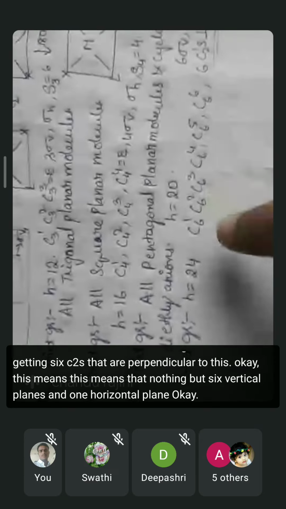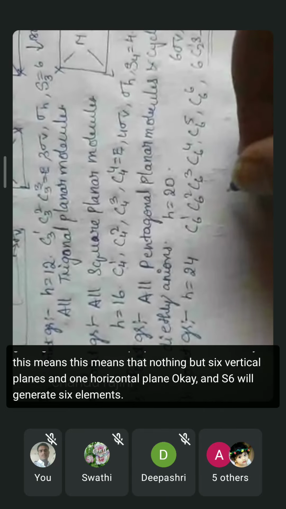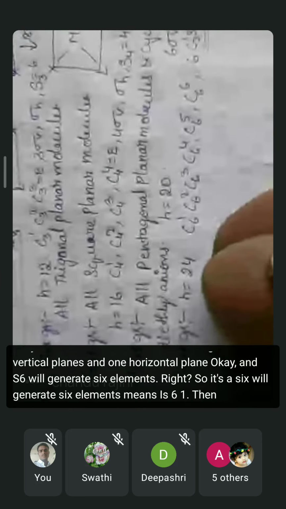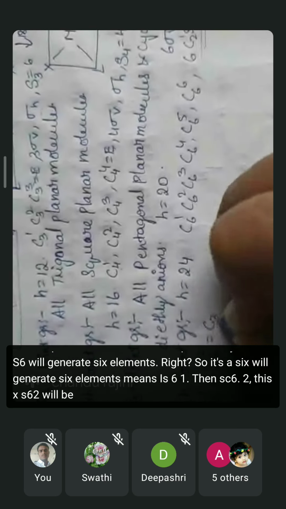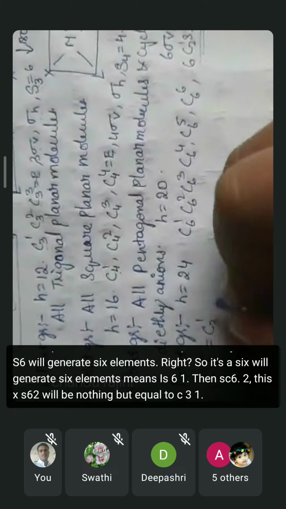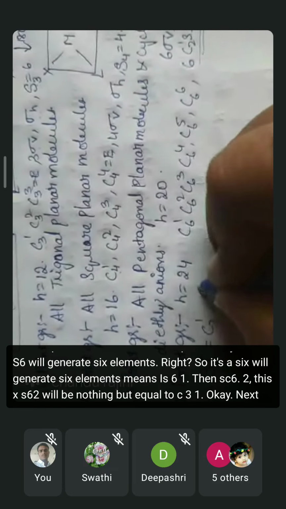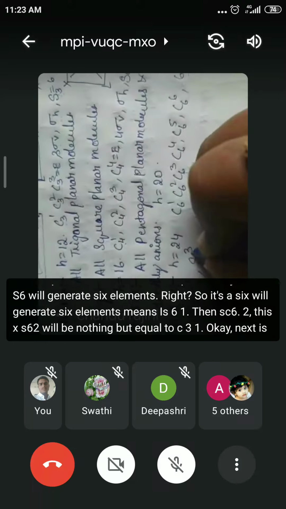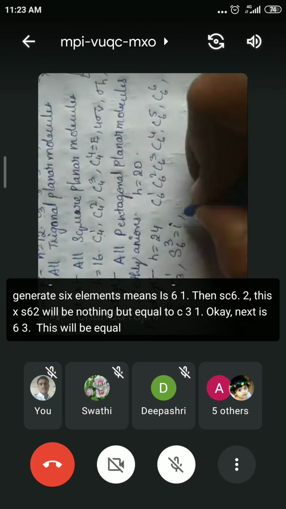And S6 will generate 6 elements, right? S6^1, then S6^2, which will be equal to C3^1. Next S6^3, which will be equal to i.